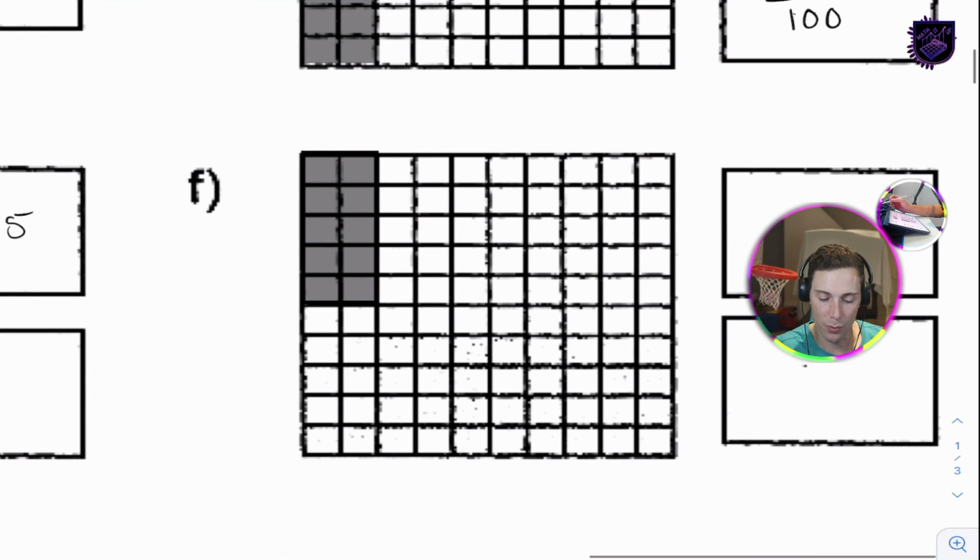Last question. Ooh, interesting. It's a little bit different here. So we have 2 rows of 5, I believe. 1, 2, 3, 4, 5, and there's 2 of them. So that's going to be a total of 10. 0.10. 10 hundredths. But as a fraction, 10 over 100.